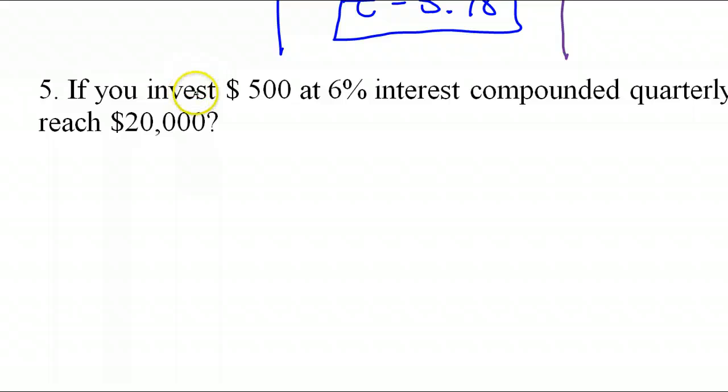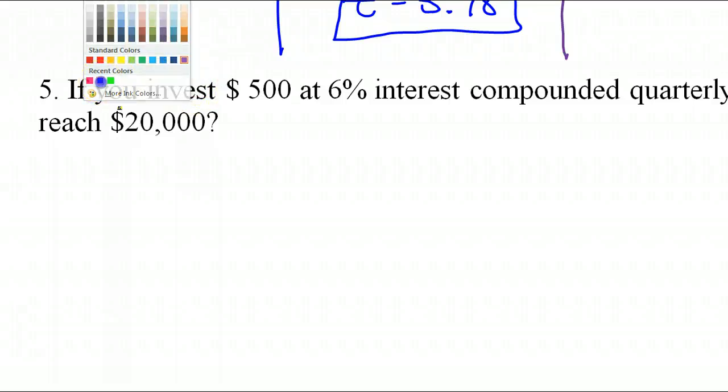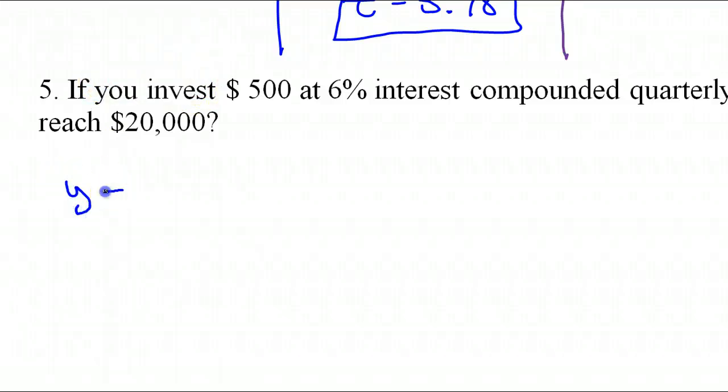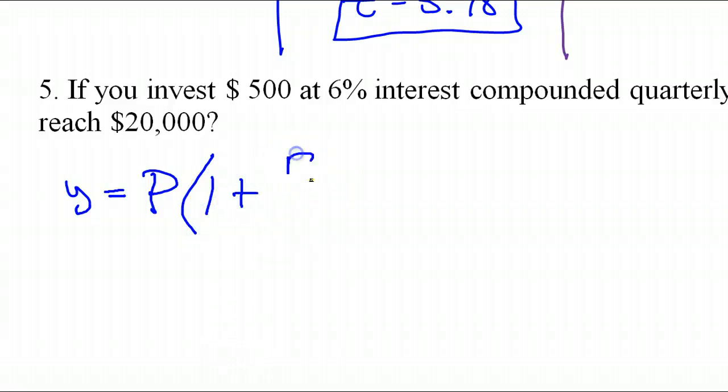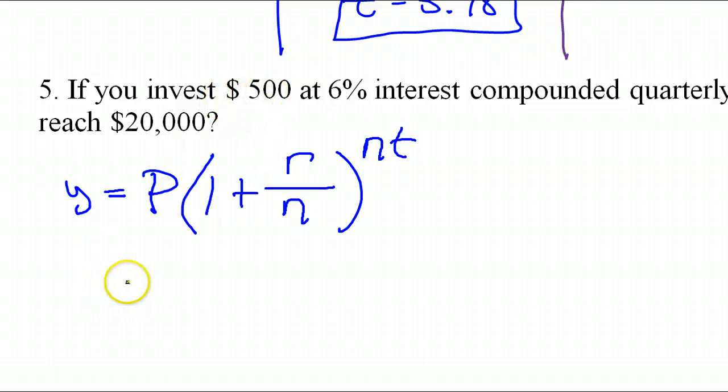Okay, so according to that formula I just showed you, the eventual amount, I'm just going to write down the formula again. Principal times 1 plus the rate over n to the nt power. You invest $500.